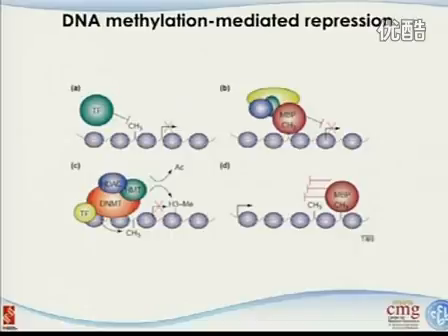This is the promoter region. And this is the CH3 group, which is the methylation group. Normally a transcription factor binds in this region. If there's a methylation, it's not there. But once it is there, the transcription factors cannot really bind here, and therefore the gene expression will be killed.